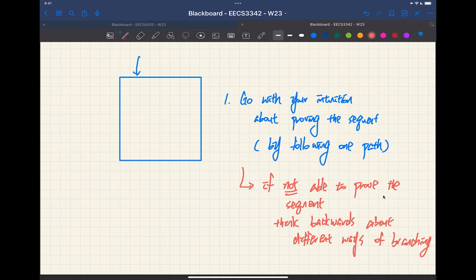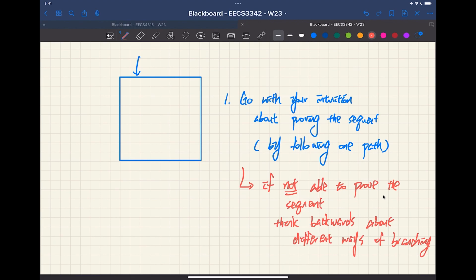Right? So basically, you want to see for all the inference rules that you have been taught, see if there's another way to really branch out for the sequence. I would say for all the proof questions you are given, there will be no inference rule that we haven't really taught. Right? So that should be the general rule.